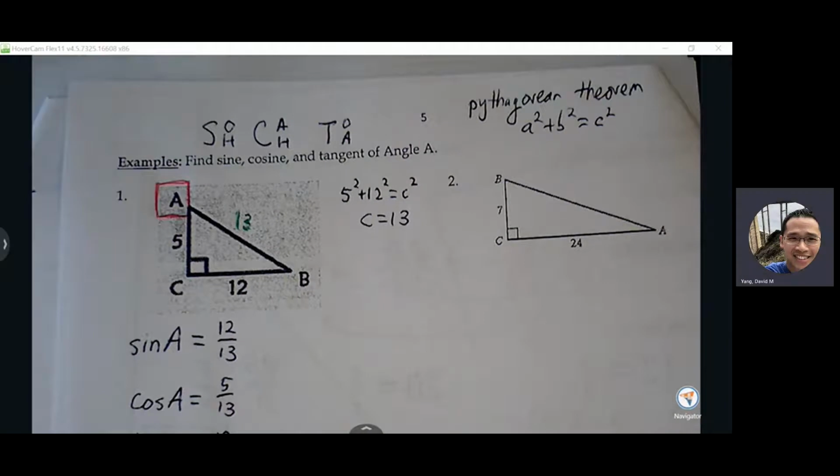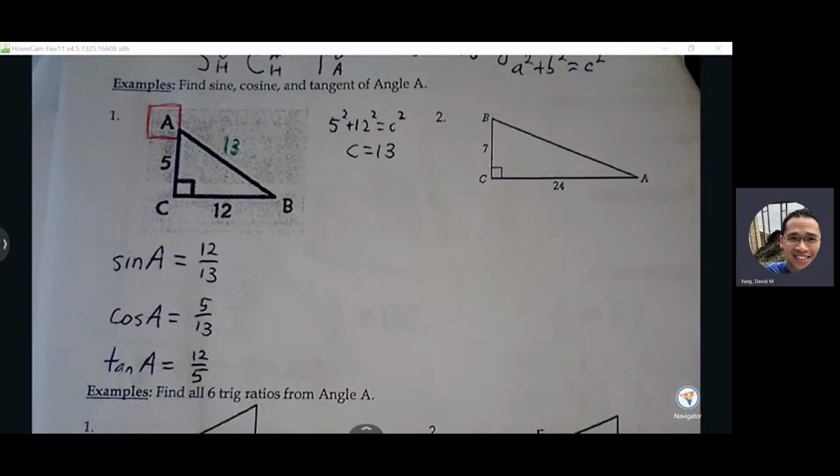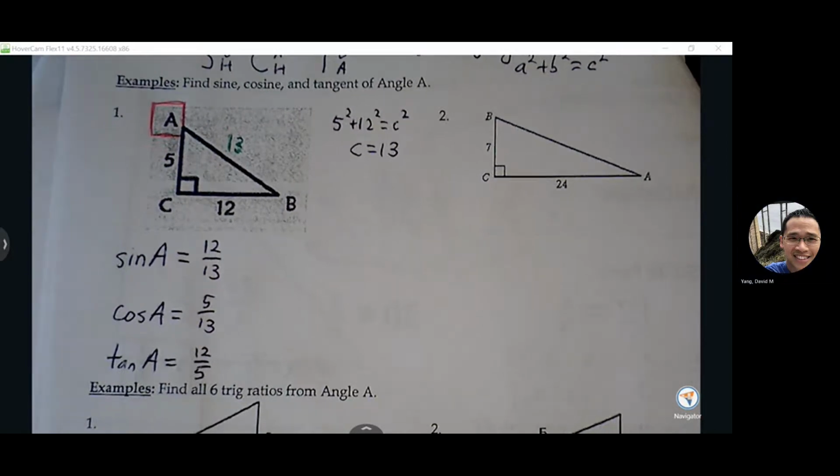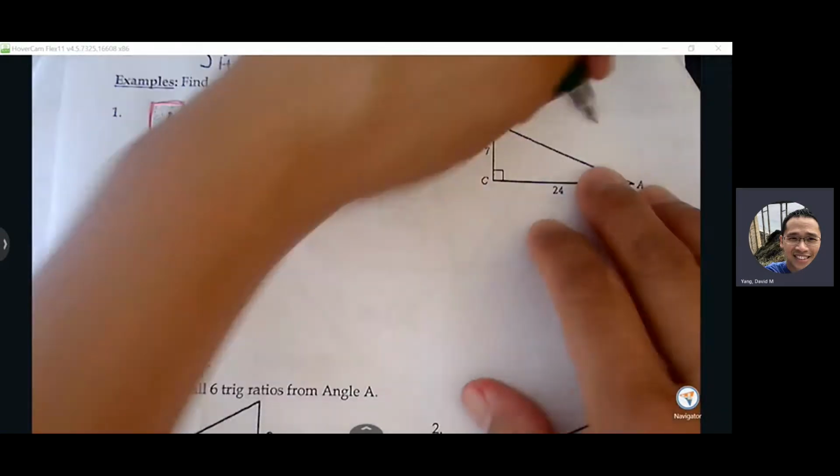All right, go ahead and try number 2. Follow the same procedure there. I'll just tell you, the hypotenuse is 25 here, Pythagorean theorem.